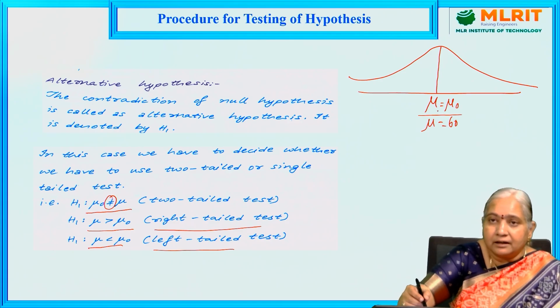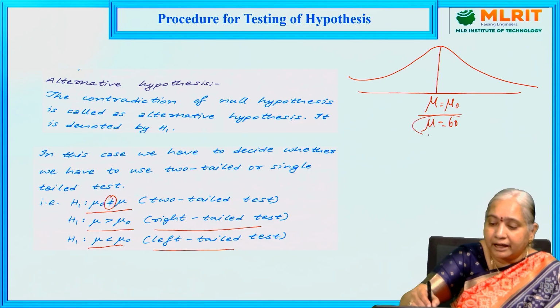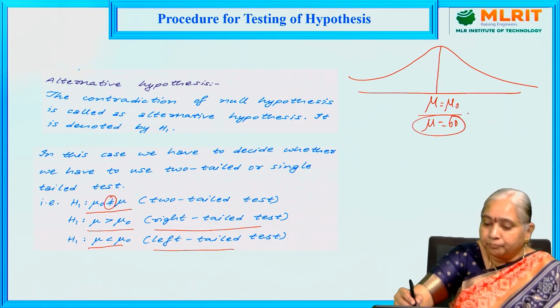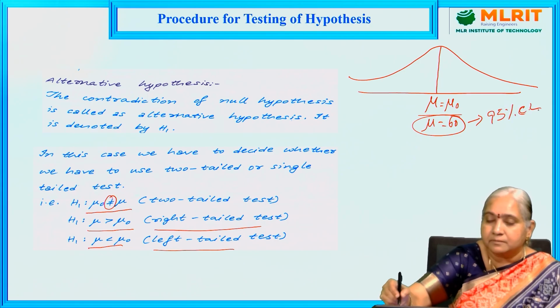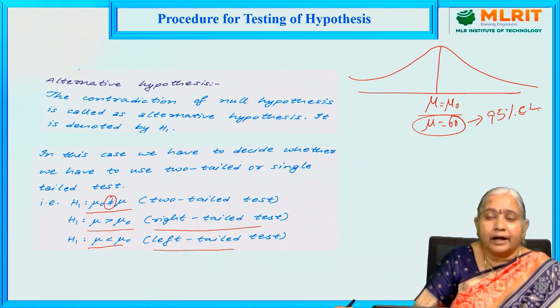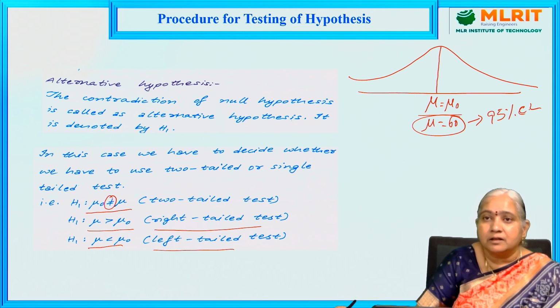If it is not equal to 60, then here my claim is given with a 95% confidence interval, confidence limits. At what confidence I am giving this claim is based on sampling theory.